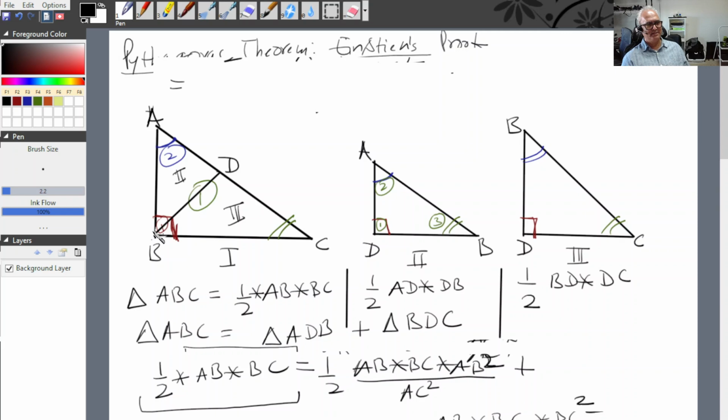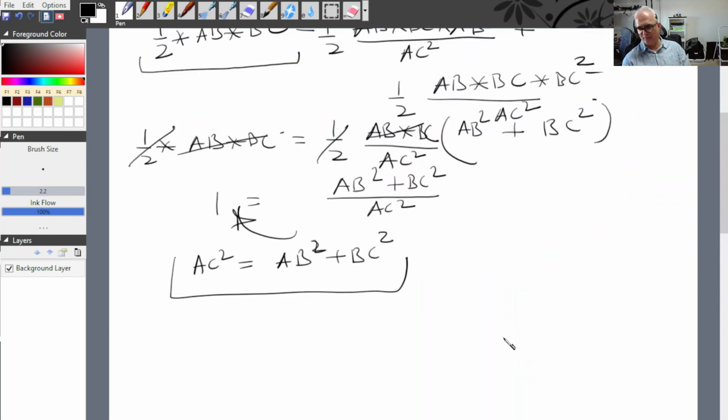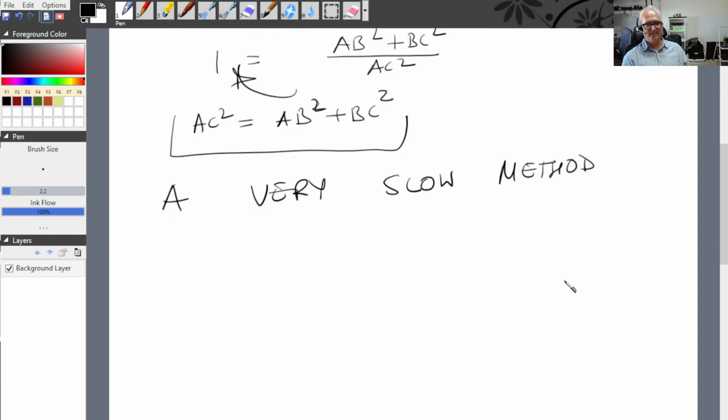AB square plus BC square is AC square, and this is the Einstein's proof. And I apologize for a very slow method, and the 3 propositions of Euclid in use.